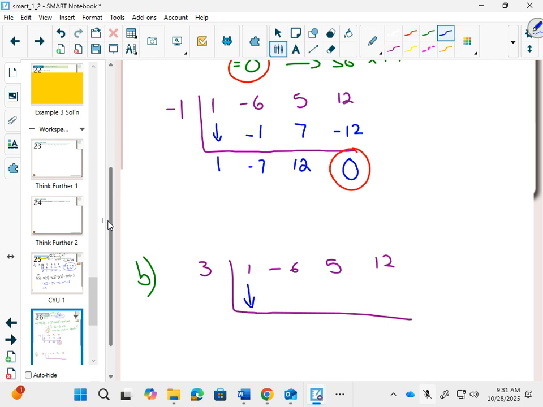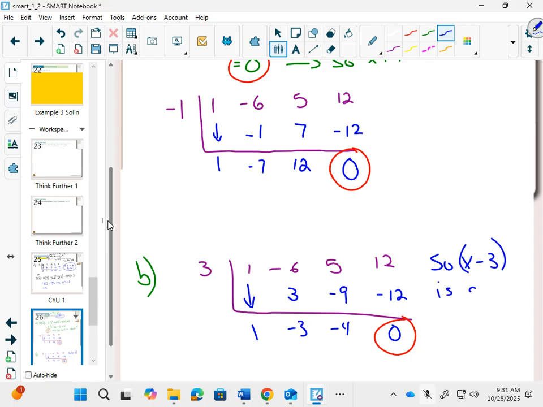Bring down the 1, multiply, add, multiply, add, multiply, add, and we get that remainder of 0. So off to the side here I can write, x minus 3 is a factor.